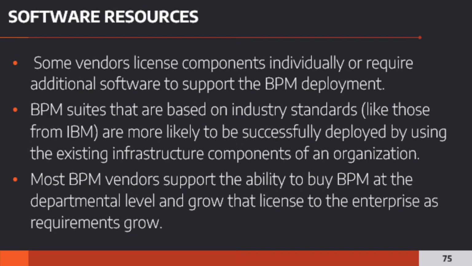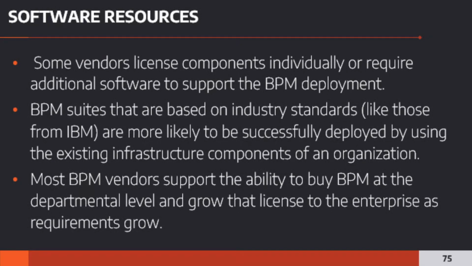Now, what does this whole thing mean? It means that you have to choose your software wisely. You have to choose your software based on the needs of the organization. So that's very important that you need to have licenses. So you start small, then you let your license also grow as it includes more and more processes. So that is the software.